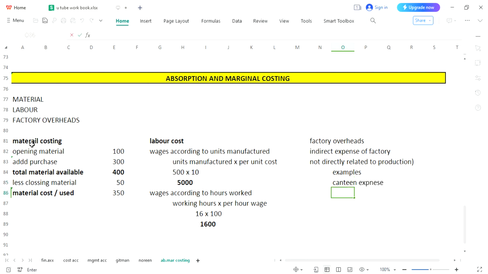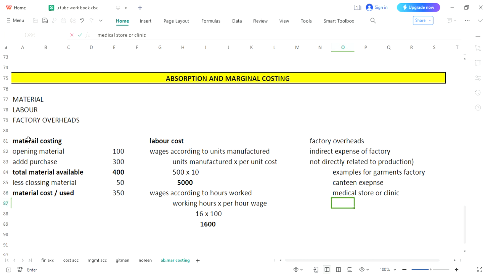Here we can take the example of a textile mill. These examples are for a garments factory, let's say. Canteen expenses, and let's say a medical store or clinic is there.